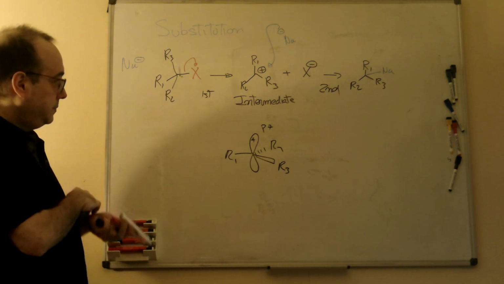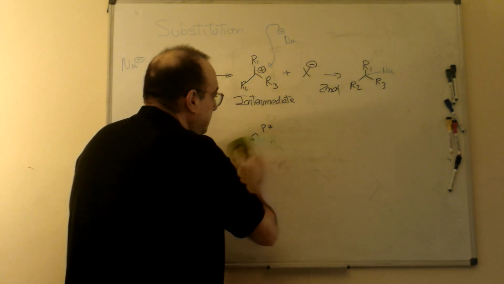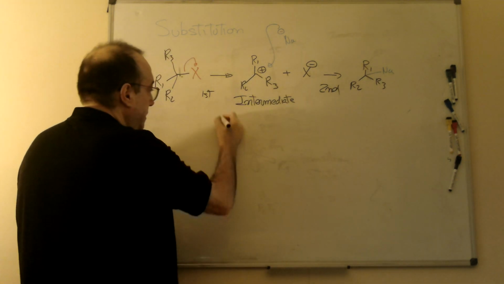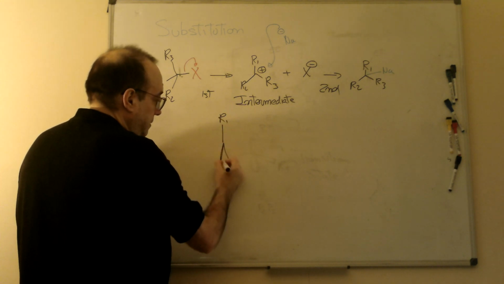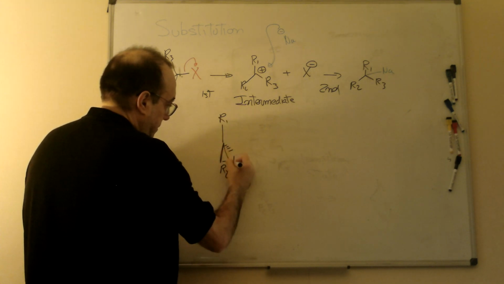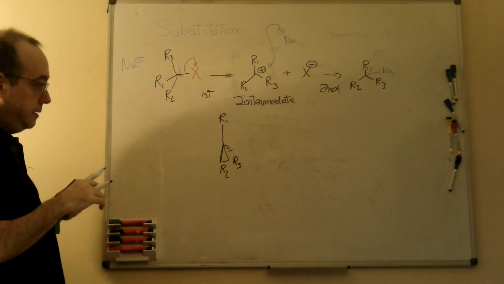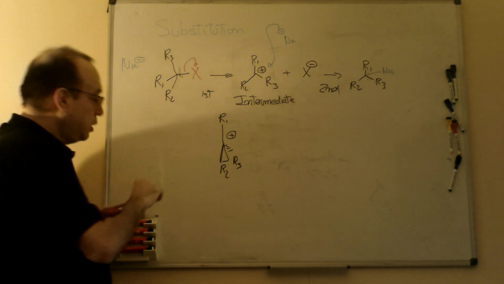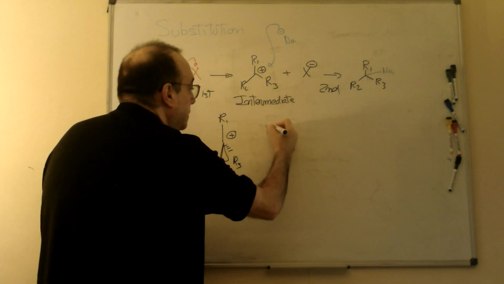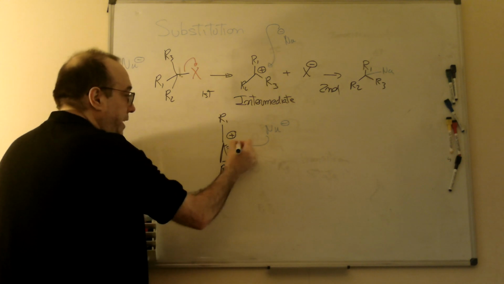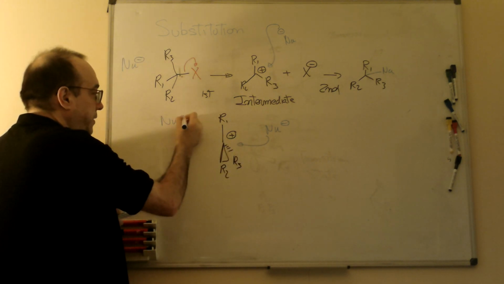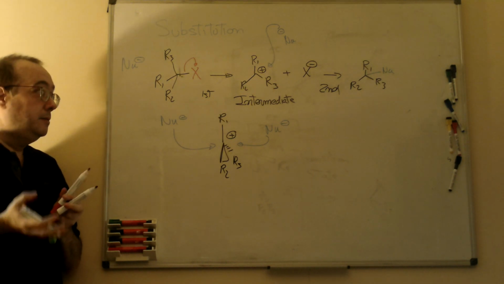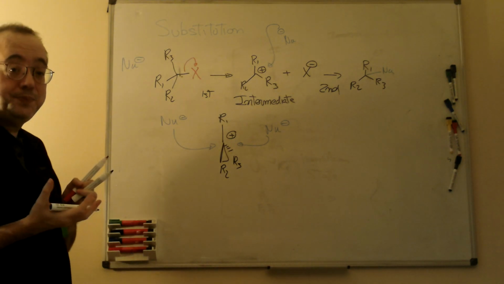Why is this important? Because the carbocation is planar, okay, I draw it in a different way now. Okay, this is the carbocation. The nucleophile can attack from this face or from this face. Whichever face is okay, because this is planar.